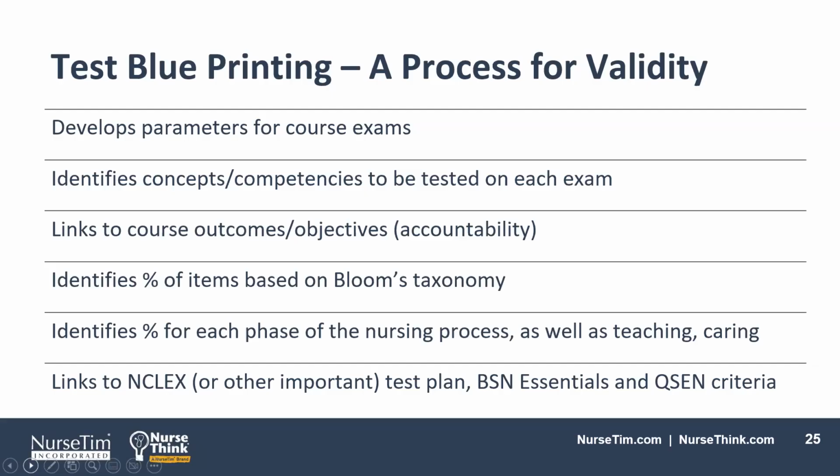So we're going to also want to make sure that we have dispersed our questions equitably across the nursing process, which will then be inclusive of the clinical judgment measurement model, as well as those concepts that are, if you will, threaded or dispersed throughout the curriculum, things like teaching and learning principles, caring practices, cultural awareness, and so forth. And then this can link us also to the NCLEX test plan, to competency exams, to the BSN Essentials, et cetera. So this blueprint is a critical document in terms of really validating the process for fairness in testing.